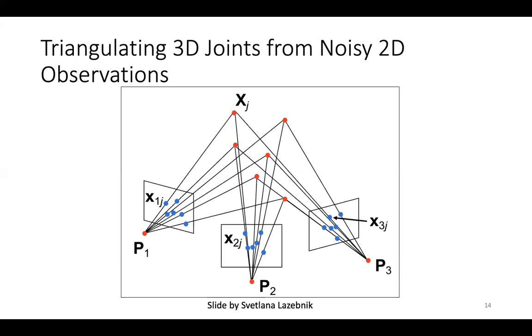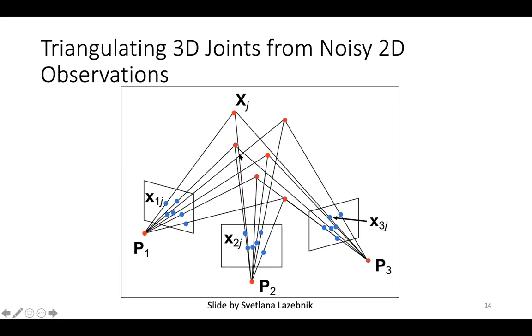Once we have all that data, the problem of getting 3D hand joints is one of triangulation. We have multiple images with 2D joint detections, which might be individually noisy, shown by these blue dots here. And we know the object pose.